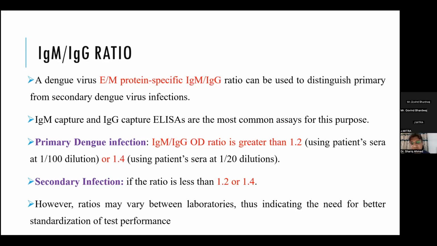If the ratio of IgM to IgG is greater than 1.2 or 1.4, depending upon the dilution, if we are using a 1/100 dilution of patient sera or a 1/20 dilution, then it is known as primary dengue infection, meaning the IgM is more than the IgG. But if it is less than 1.2 or 1.4 depending upon the patient sera, then it is called secondary dengue infection.